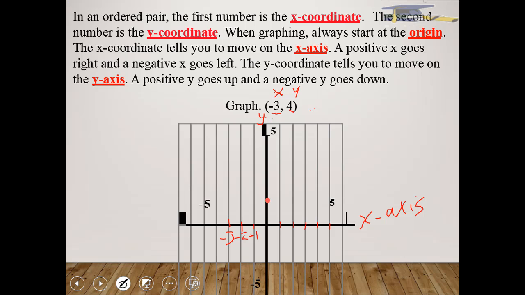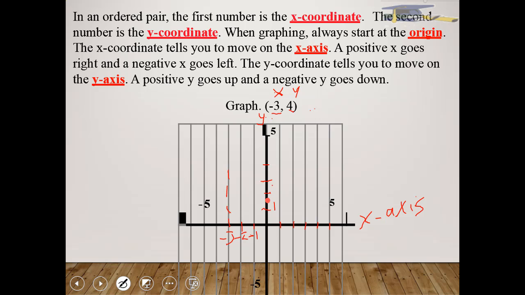So on the x-axis, we have -3. So we'll go to -3 here and draw a dotted line. And from the y-axis, we need to go and count up to 4. 1, 2, 3, 4.